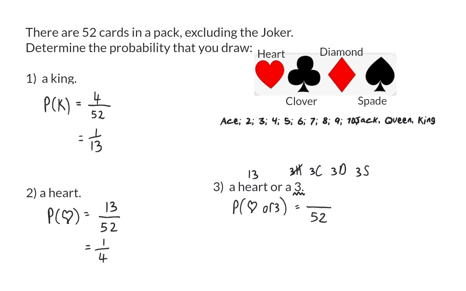But now you need to realize that we already counted the 3 of hearts in the 13 heart cards. In total, that means we have those 13 plus another 3 options, and that is 16 options for our event to occur. Simplified, this is a probability of 4 over 13.